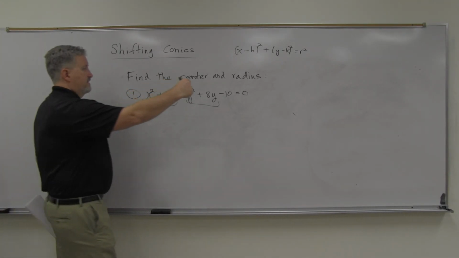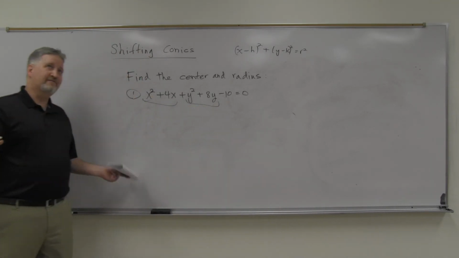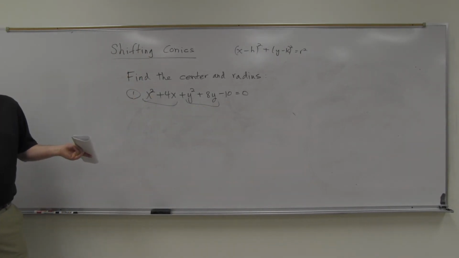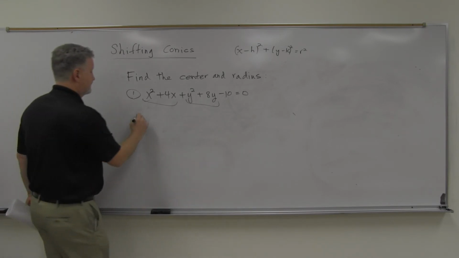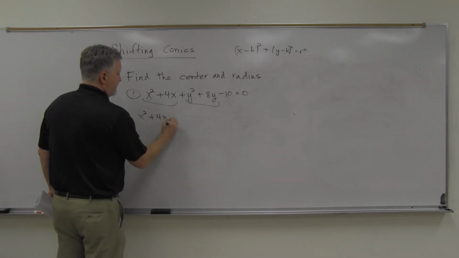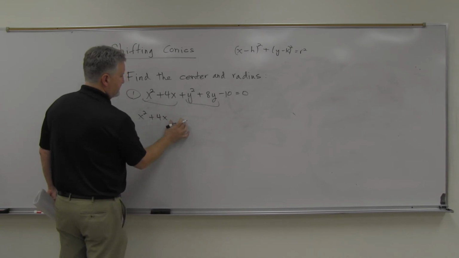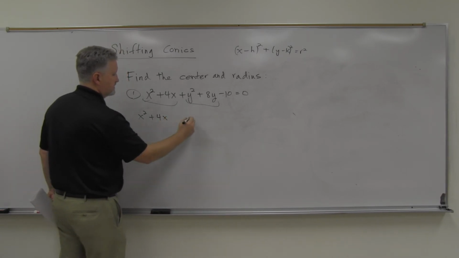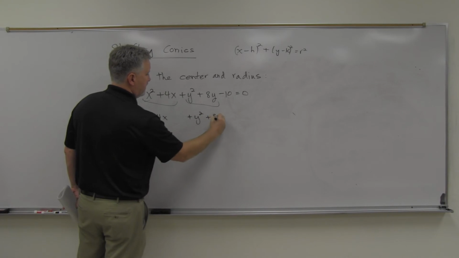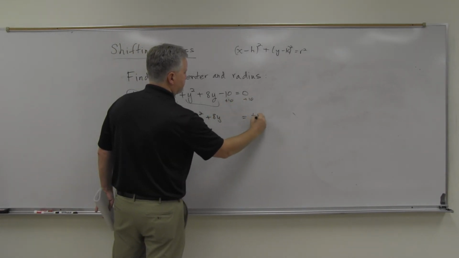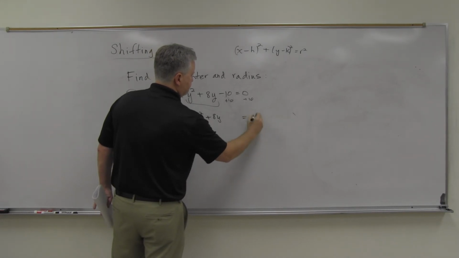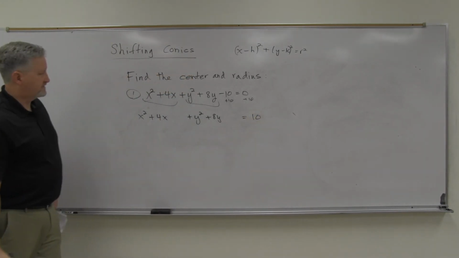Now, this minus 10, the best thing, I think, is to move that 10 over to the other side, because I'm going to complete the square on the x's and on the y's, so I'm going to leave a space there. x squared plus 4x, space, plus y squared plus 8y, leave a space. And then let's add 10 to both sides. So the right side is 10.